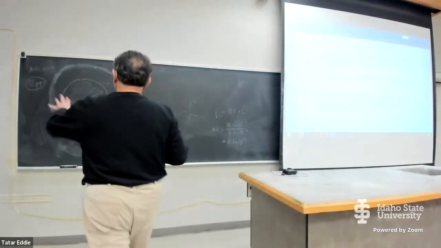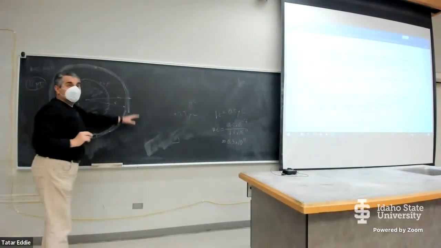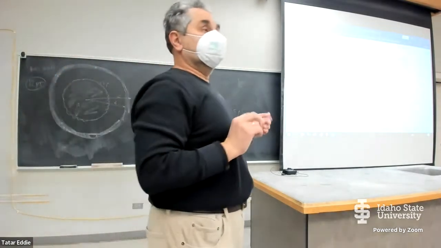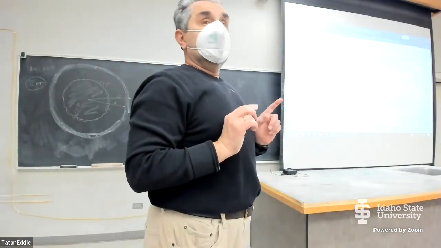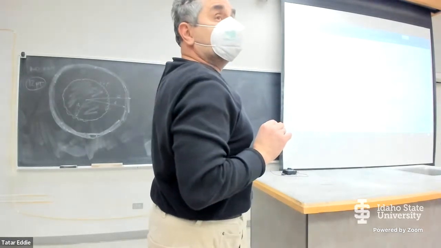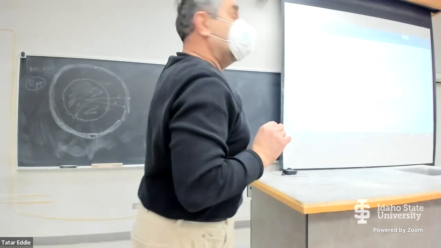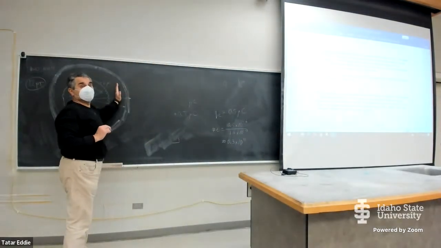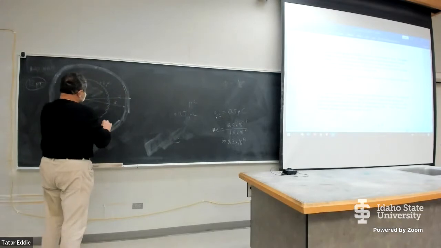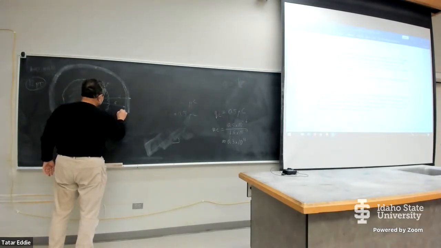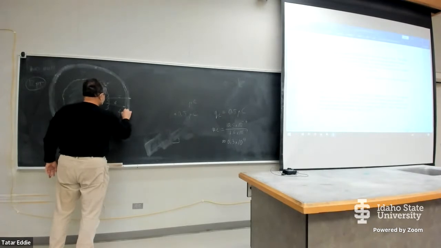You want the total charge on the outer sphere to be +6, the total one. But this outer sphere, this spherical shell, has an outer surface and an inner surface. For the inner surface, you must have -6.